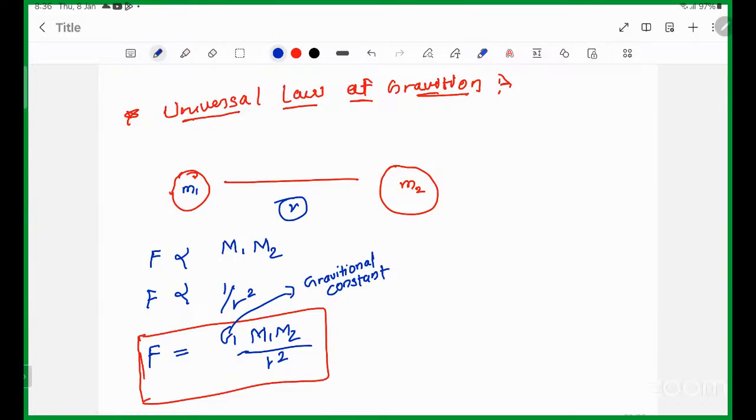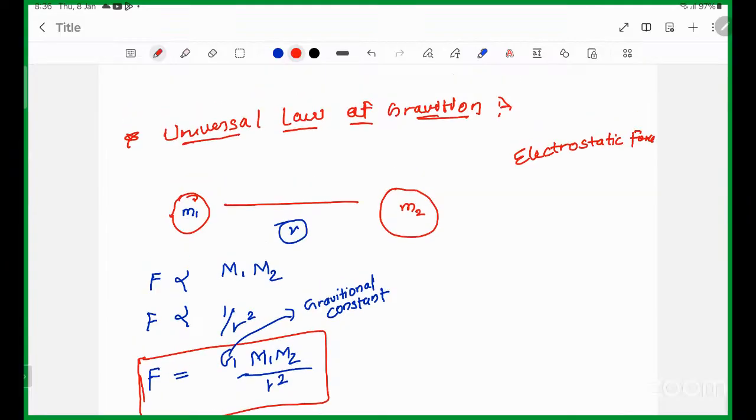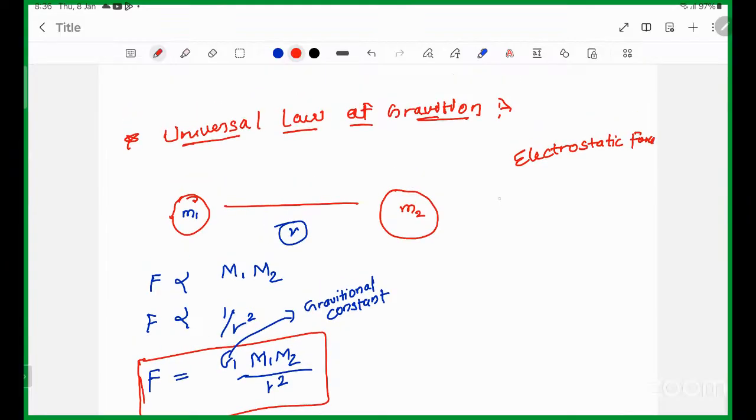So now we can discuss another force, that is electrostatic force. In electrostatic force, what we find is that it is between two charges, q1 and q2. Distance is r.